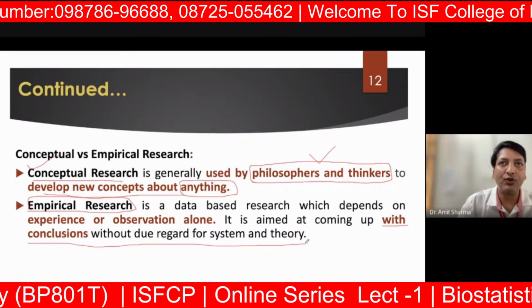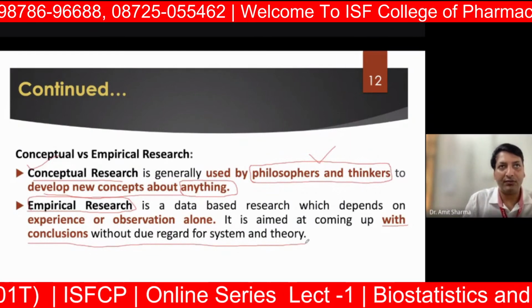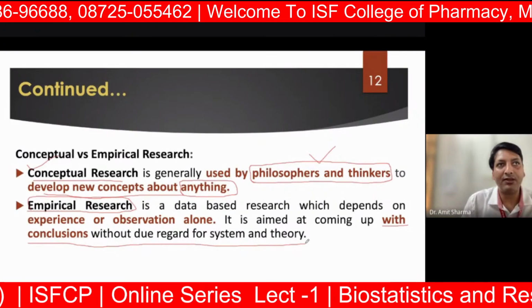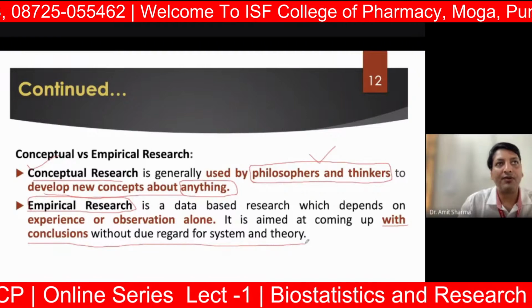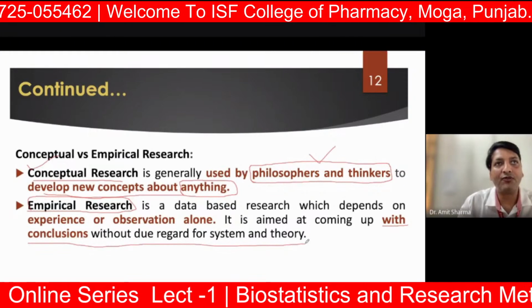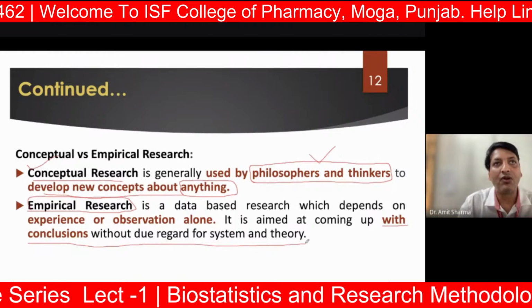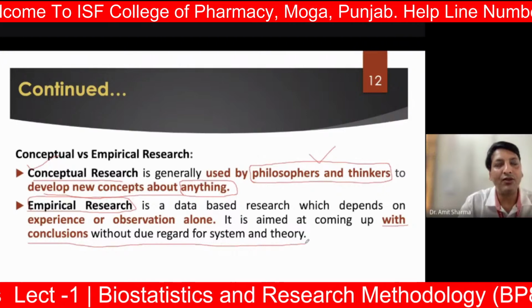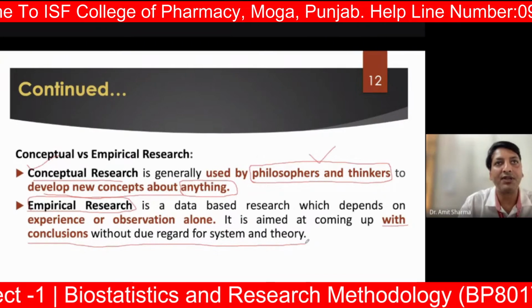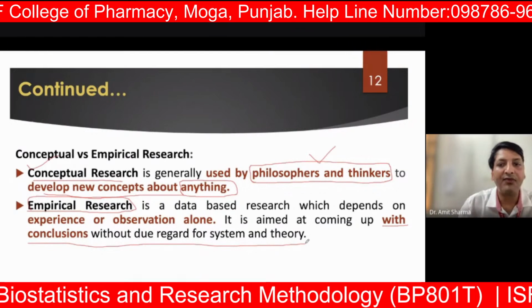For example, if a new theory has been adopted by some institute or some other persons, it means you have pointed out drawbacks of the previous theory, that my theory is better than Newton's law, or my work is better than the previous person's, and then you have to justify how your work is better. So that kind of work will be called empirical research.